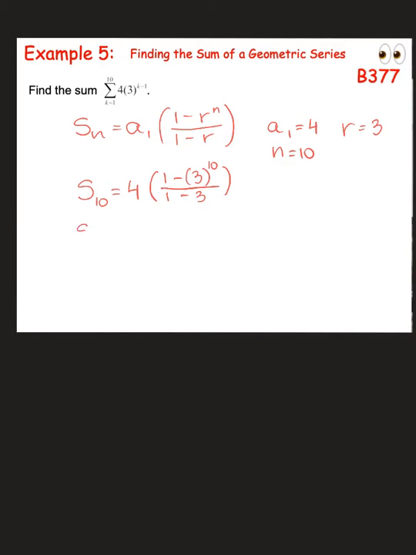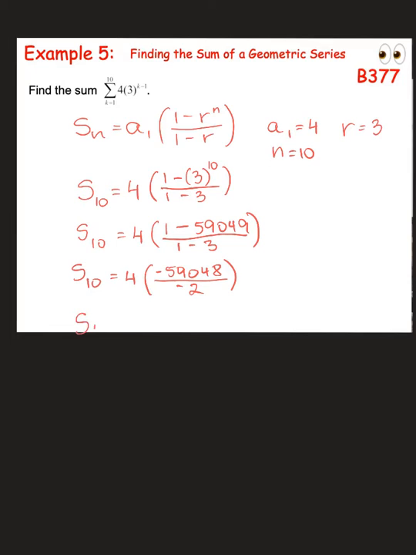So now we are going to continue evaluating the formula. The sum of the first 10 terms is 4 times 1 subtract 59,049 divided by 1 subtract 3. So the sum of the first 10 terms is 4 times negative 59,048 divided by negative 2.